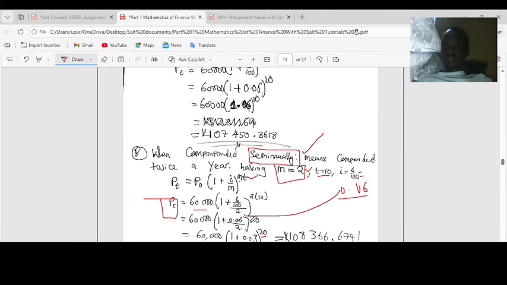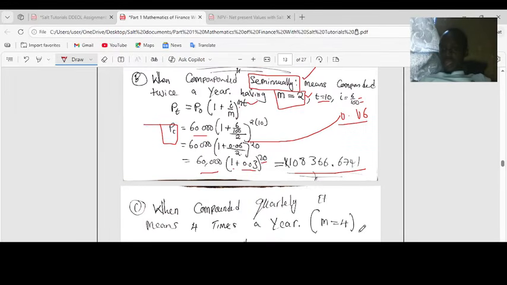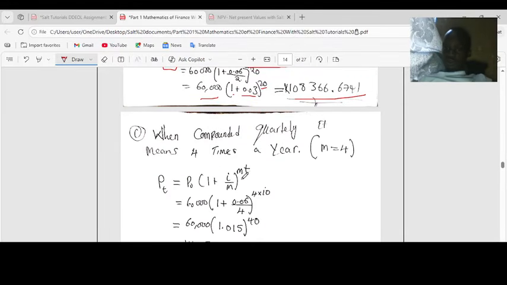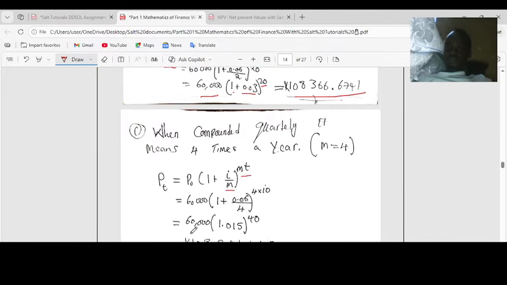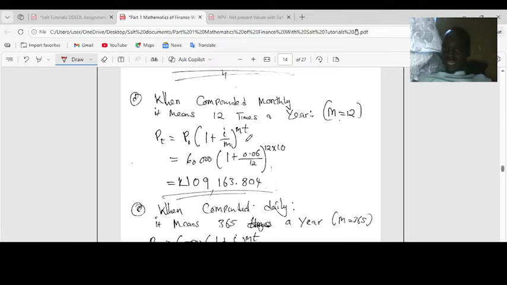Compounded several times indicates the number of conversions you are dealing with. Quarterly there, M should be equal to 4. Replace 4 times 10, 0.06 divided by 4. You do your calculations. If it is monthly, we're talking about the number of conversions being equal to 12. Replace 12 multiplied by 10, I divided by 12.